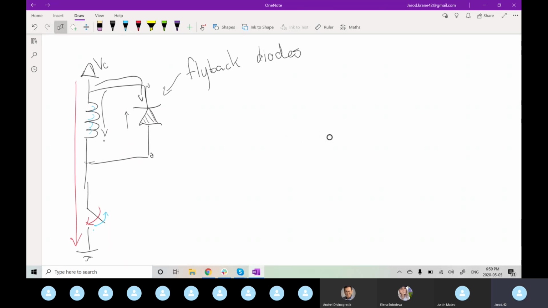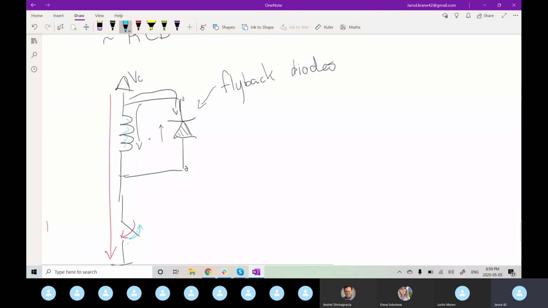Now that we have the switch open, we don't have anywhere for that current to go. So by adding this diode, we now provide a current path for the coil to be de-energized. Just a path for the stored energy to be dissipated in.